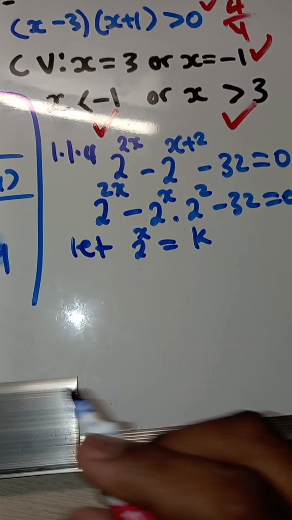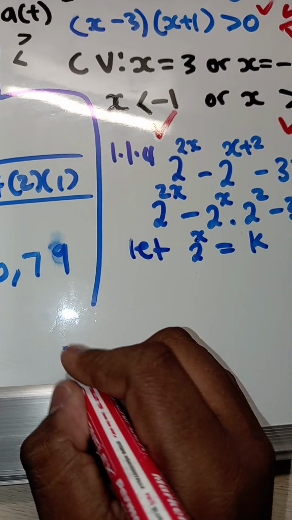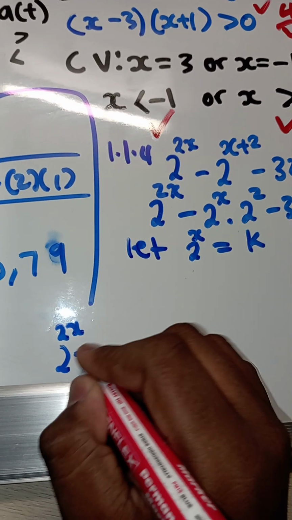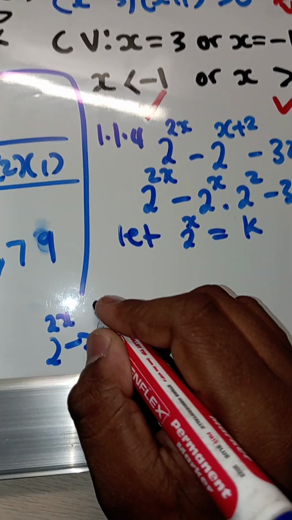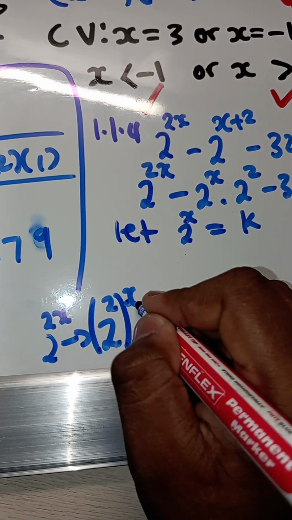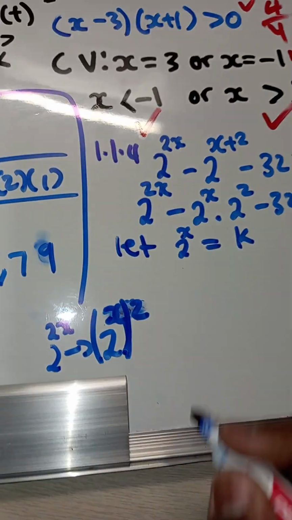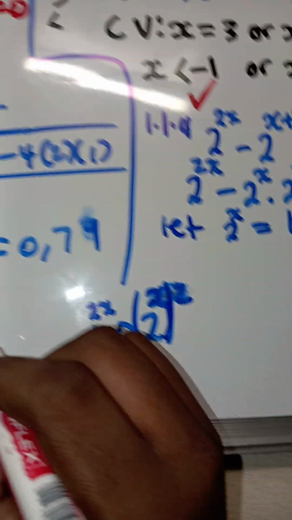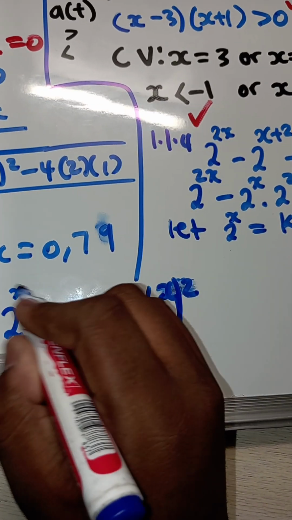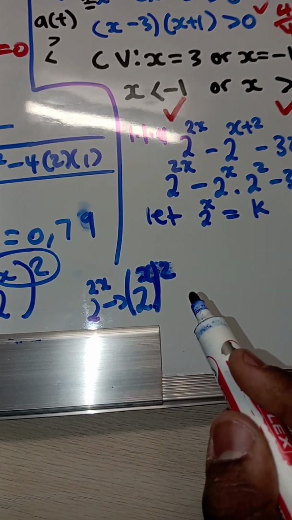Now check something. Let me write it down here. You know your exponents. Since you have 2 to the power of 2x, this is the same as saying 2 to the power of 2 times x. Let me write it like this: 2 to the power of x, and then squared. So when you have something like 2 to the power of x, and then there is a 2 outside, you know that 2 and x are going to multiply each other, right?